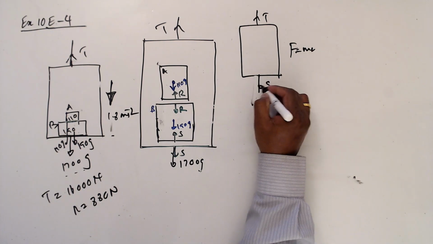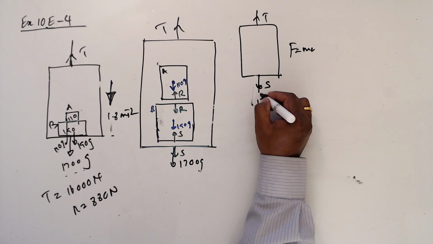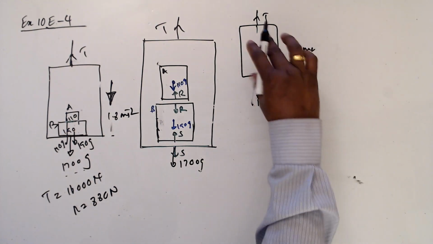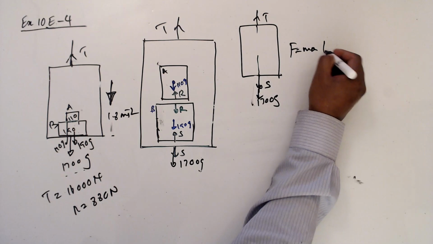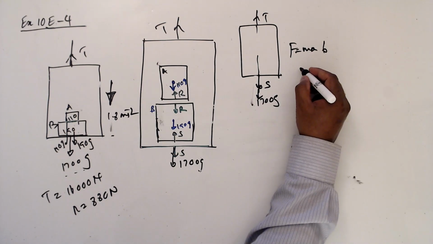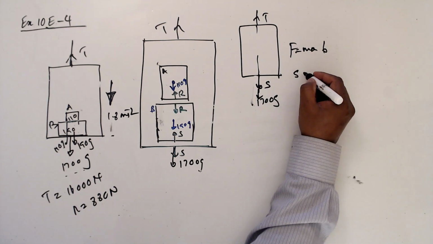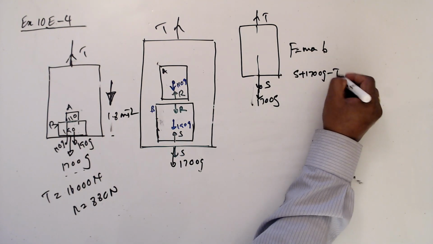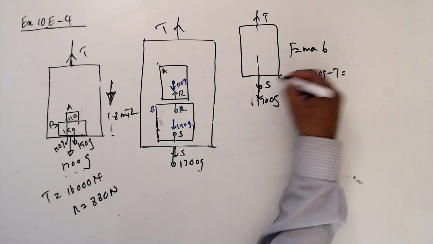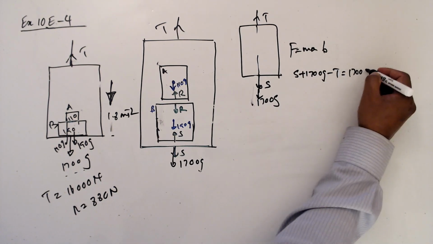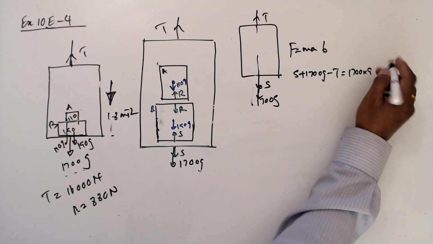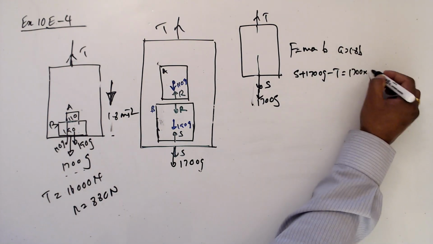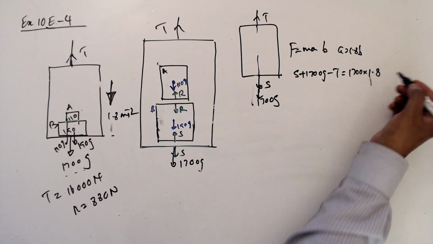Actually it has to work in the same place, S and 1700g on the same line, otherwise it will rotate. F equals ma downward: S plus 1700g minus T equals m, which is 1700, times the acceleration a equals 1.8. So this is going to be 1.8.